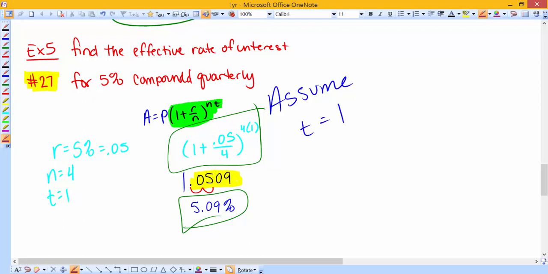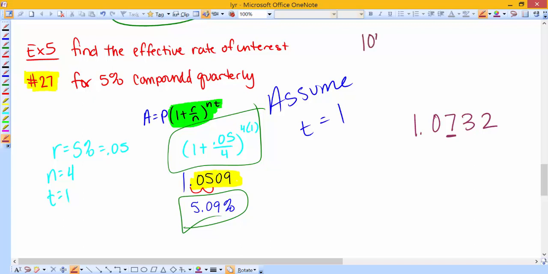Let's say that I ended with 1, not a 7, 1.0732. Well, that tells me my interest rate started at 7% because of this 7 right here. But the effective rate, I ignore the 1 because the 1 represents the initial money that I started with. I want to know how much I made.